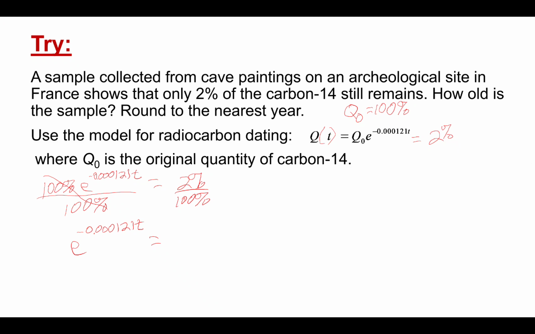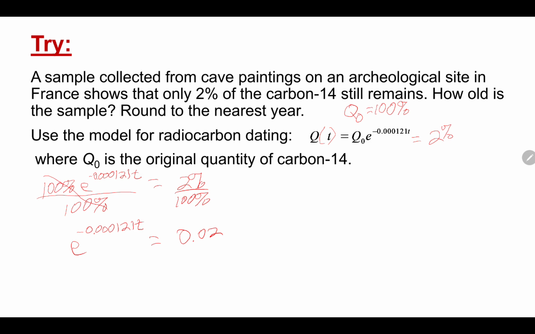It's really 2 divided by 100, right? Technically, these are each per 100, so those hundreds cancel off. So it's really just 2 over 100, which is 0.02. So I'm going to go ahead and write it as a decimal, 0.02, just because that's a little bit easier.